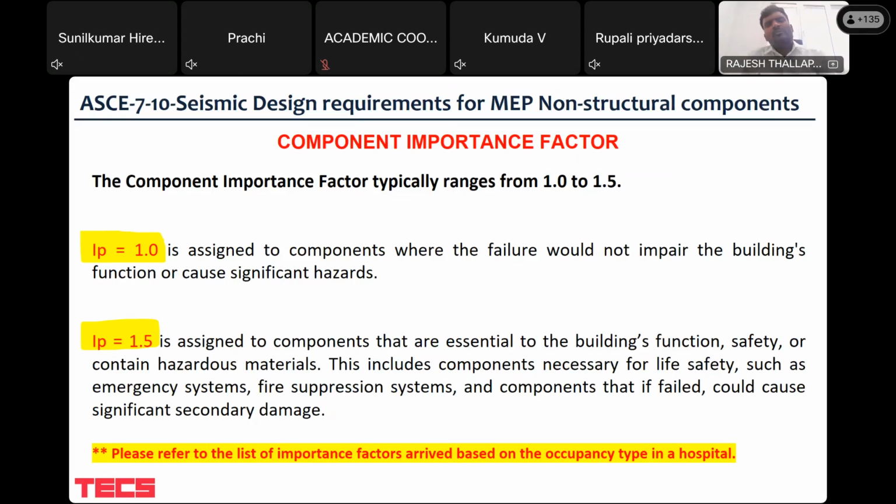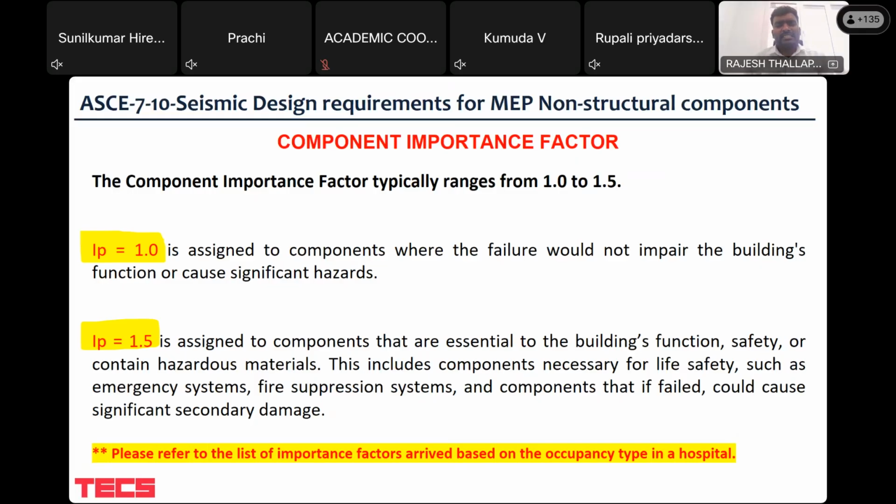So what is 1.5? I'll give you an example. We went to a hospital. There is a reception area and there is also an ICU. When you go to an ICU, there is air conditioning, and even in the reception you have air conditioning.